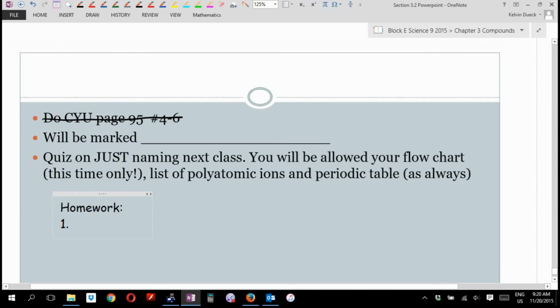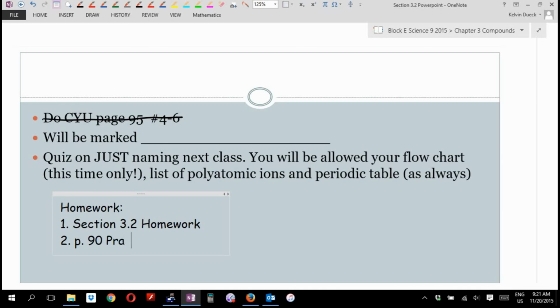First, finish the sheet I gave you last day, which was called section 3.2 homework. And then from the text, you can do page 90 practice problems. Can I abbreviate practice problems for the rest of the year as PP, and I'll abbreviate check your understanding as CYU, and reading check as RC.